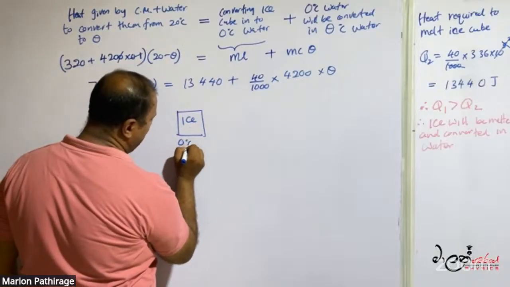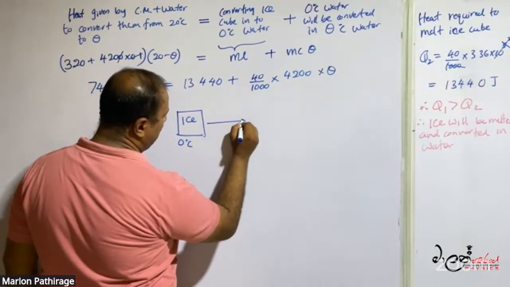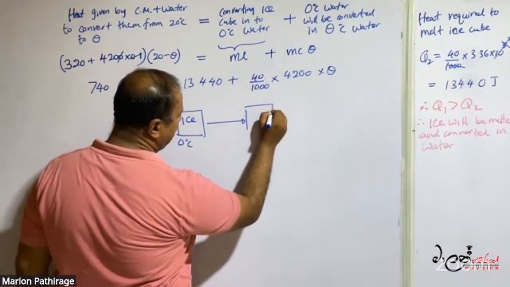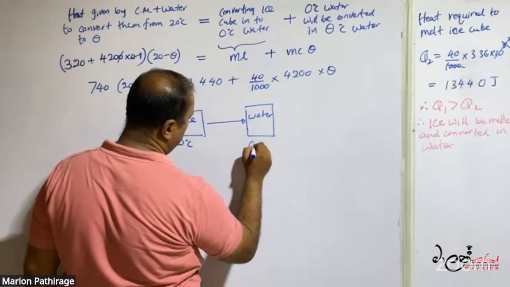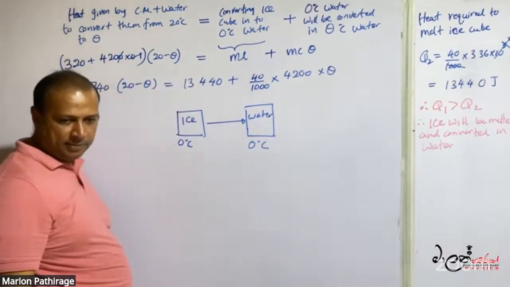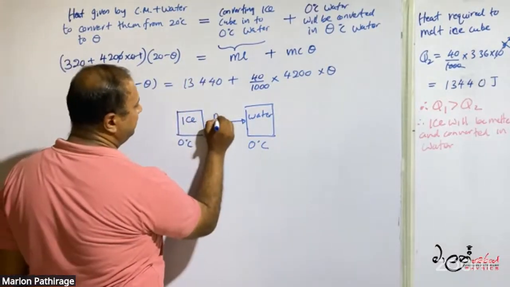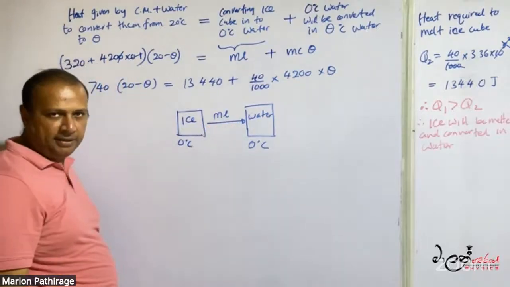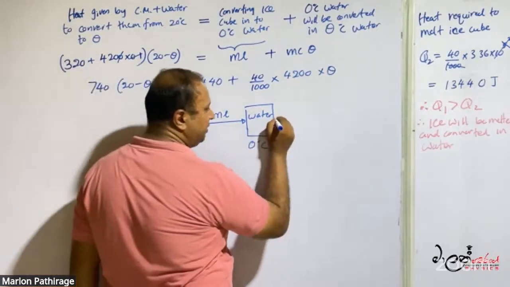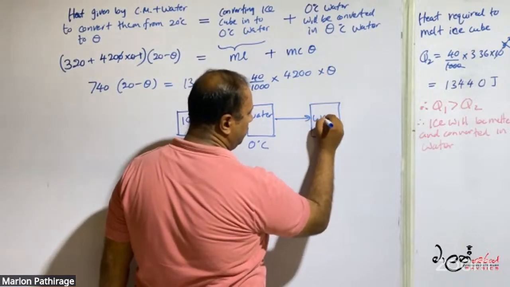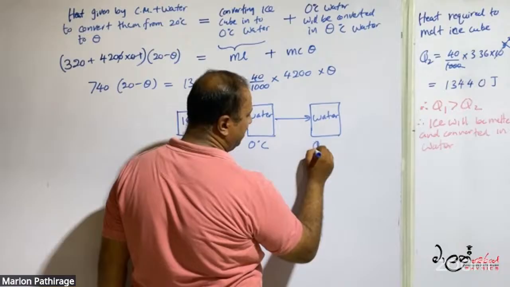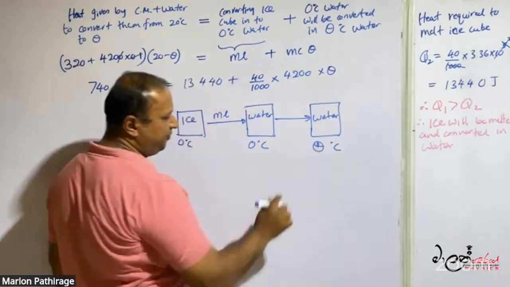Ice at 0 Celsius should be converted into water at 0 Celsius. This involves mL. Then this water should be converted into water at theta Celsius, the final temperature.